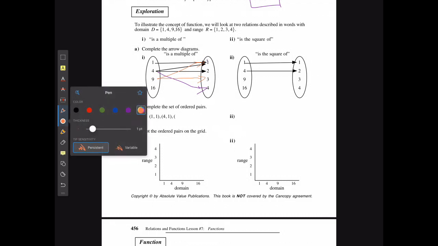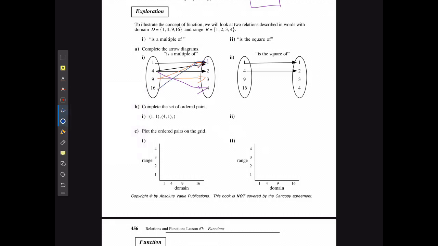And 16 is a multiple of 1, 2, and 4. "Is the square of." Well, 1 is the square of 1, 4 is the square of 2, 9 is the square of 3, and 16 is the square of 4.